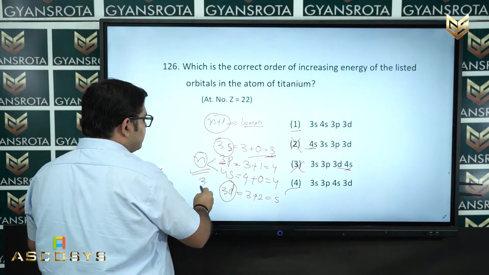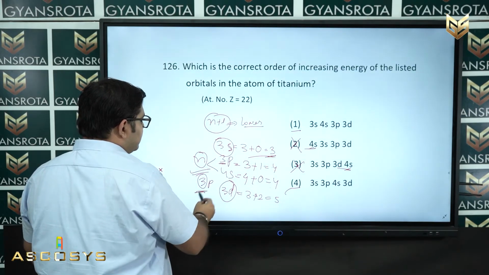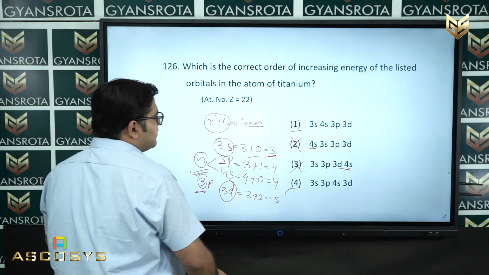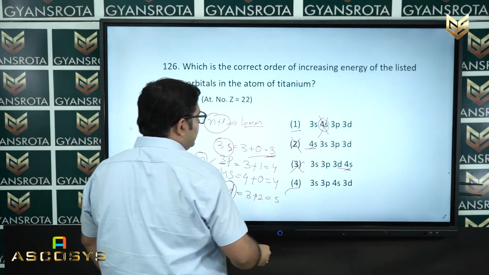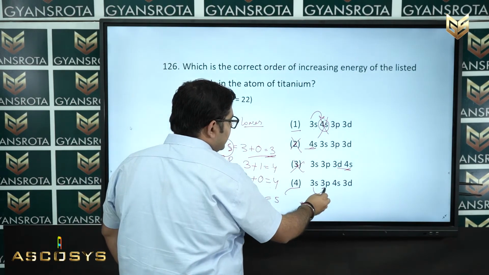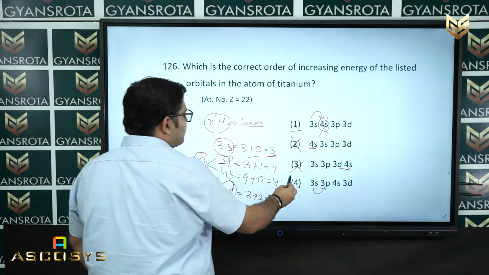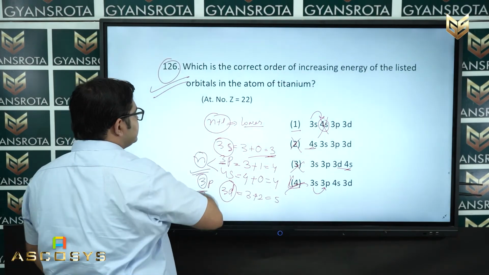So, 3p has the lower n value. After 3s it will be filled by 3p. 3s followed by 4s is not possible; after 3s we have to move on to 3p. Yes, here it is given as 3p. So, option number 4 is the correct answer of your question number 126.